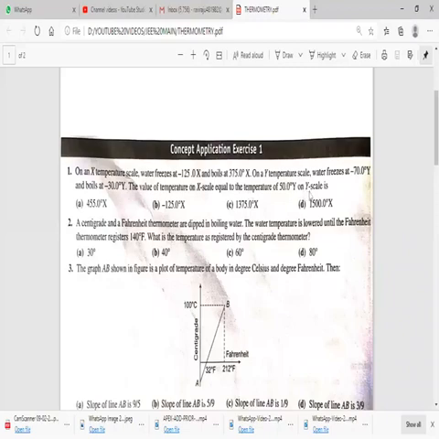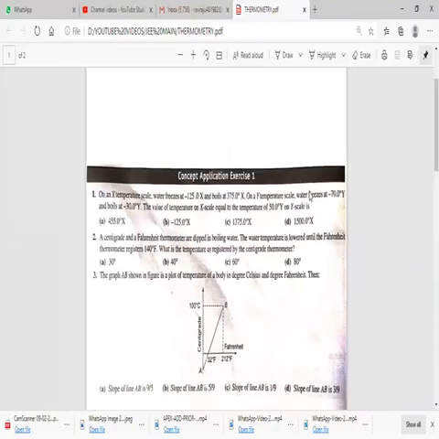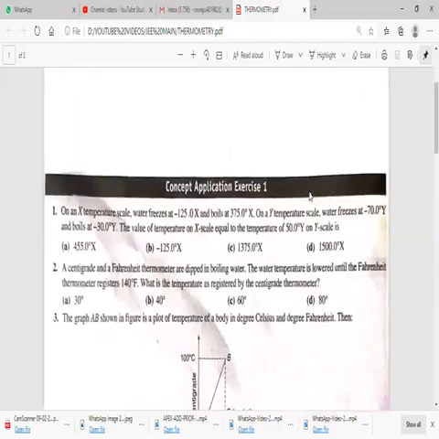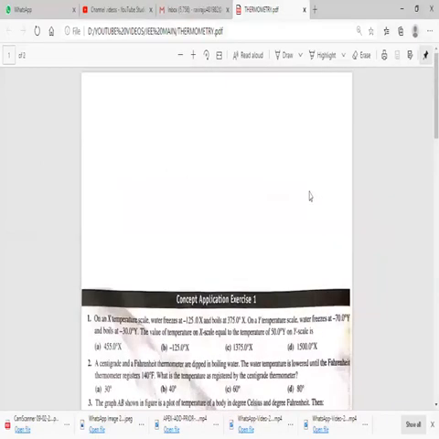So for every scale they have given two different temperatures: the temperature at which it freezes and the temperature at which it boils. Freezing temperature means the lower fixed point, and boiling temperature means the upper fixed point for the given scale.